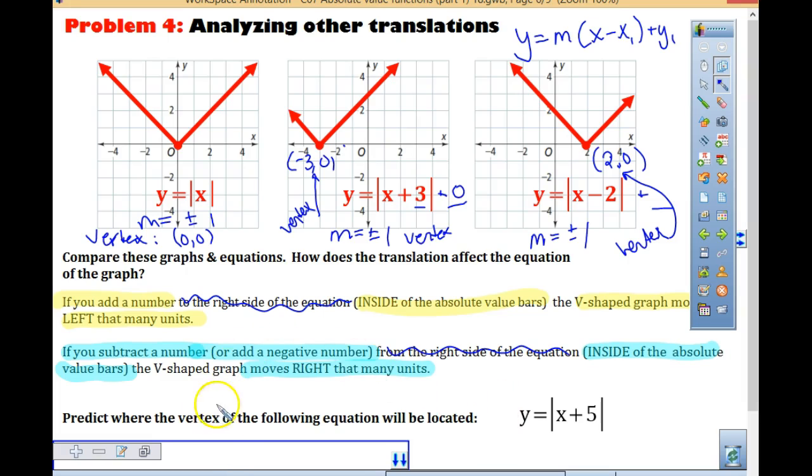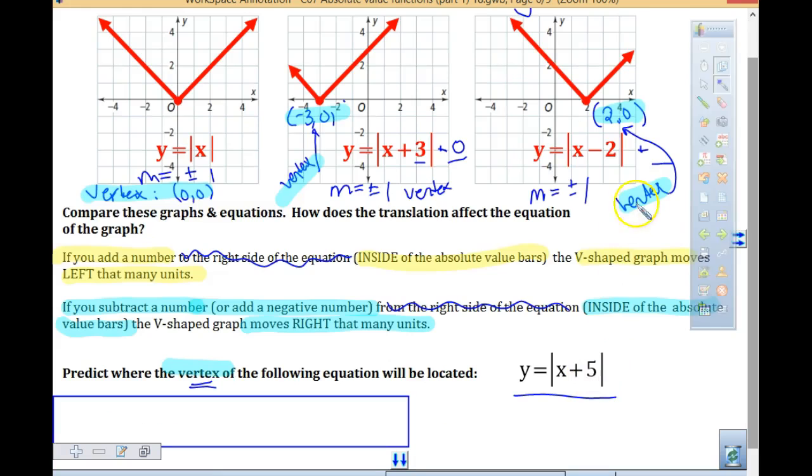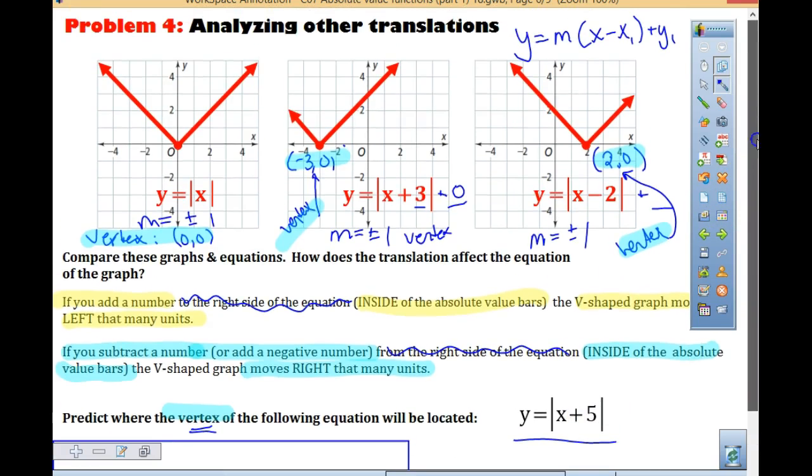And as you finish writing this down, I want you now to predict where the vertex of this graph should be located. So just like we did our vertexes up here, as soon as you're done writing this, predict that next one. Going back to our point slope form, we just said if we add inside, it's moving it to the left.